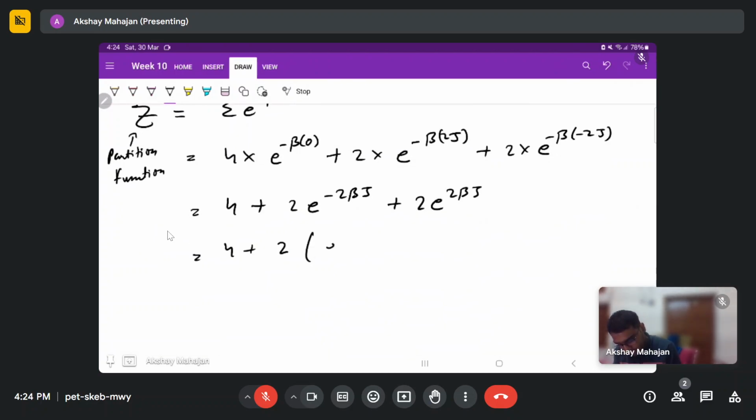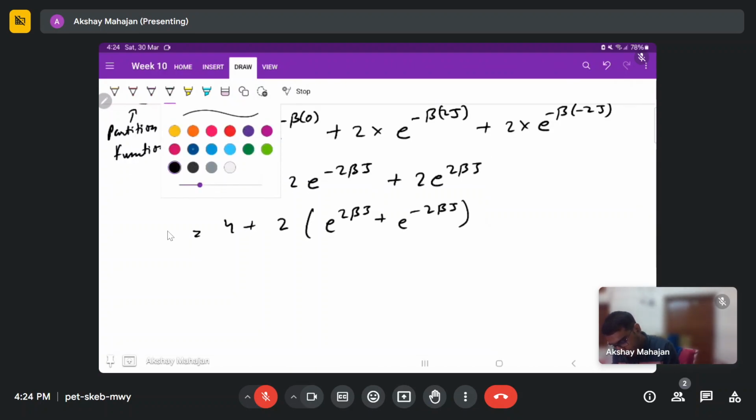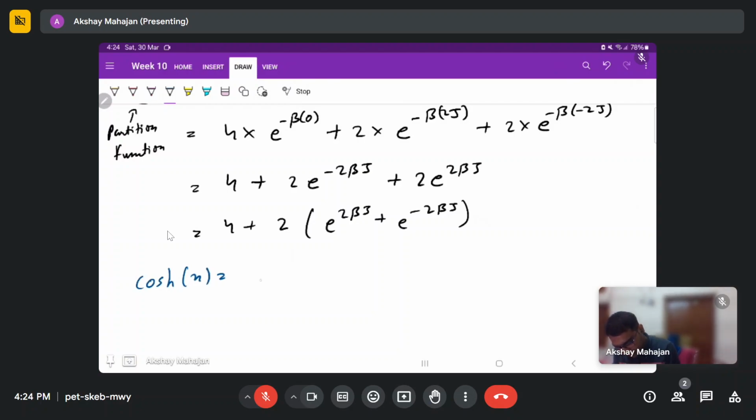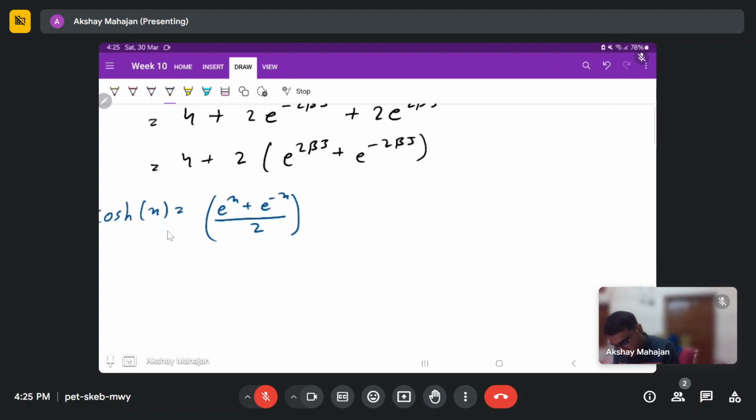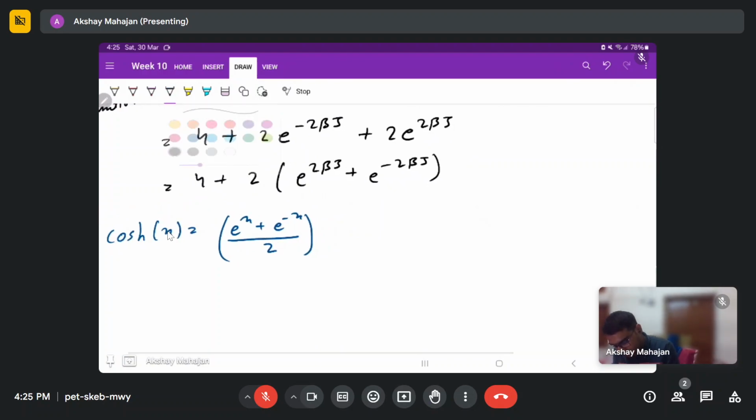It will be e to the power 2 beta J plus e to the power minus 2 beta J. So again, this we have seen a lot of times now. Cosh is basically e to the power x plus e to the power minus x divided by 2. So using this, and also just as a reminder, similarly sinh is e to the power x minus e to the power minus x divided by 2.